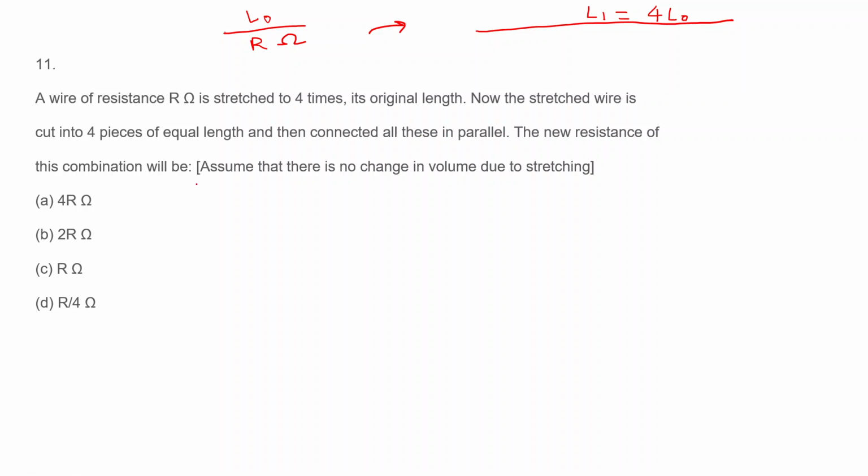The new resistance of this combination will be, see, we know that the resistance of any wire is proportional to its length and inversely proportional to its cross-sectional area, and that's how we get that formula also, right?